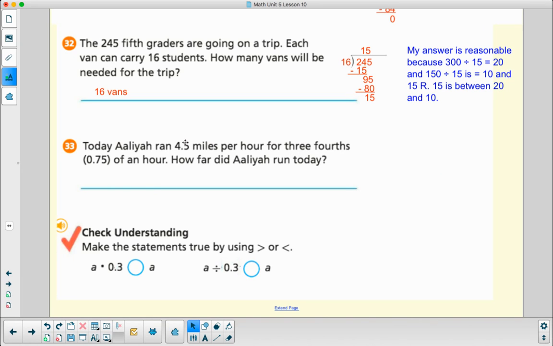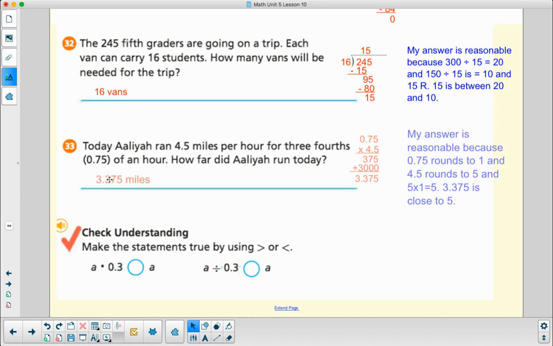So she's going to run less than 4 5/10 miles. I had to multiply because she ran 75 hundredths of a group of 4 5/10. I got 3 375 hundredths, which is less than 4 5/10. So my answer is reasonable.